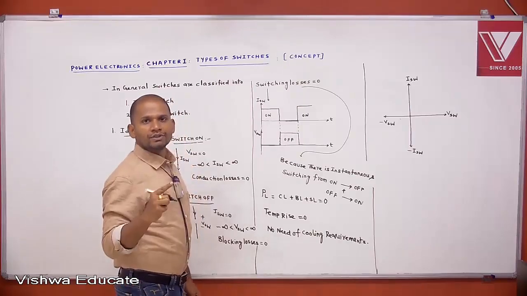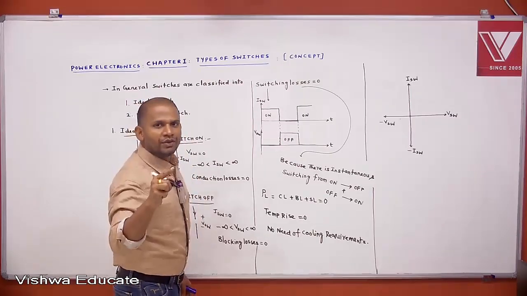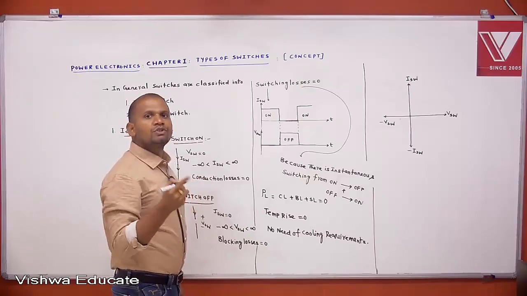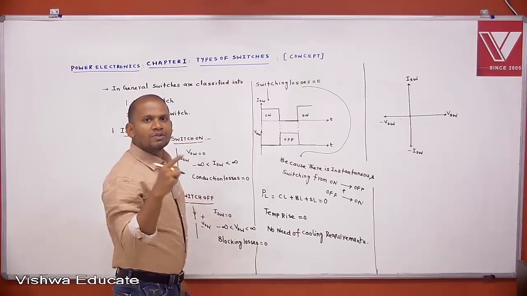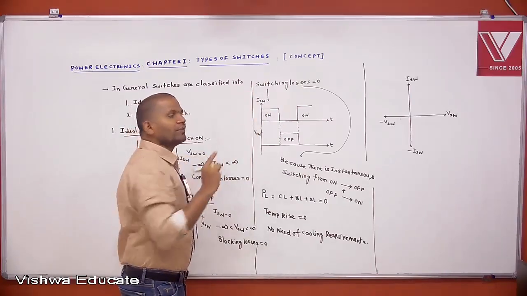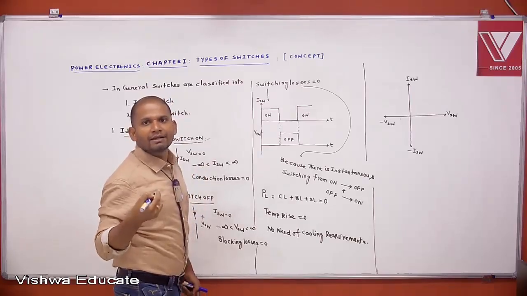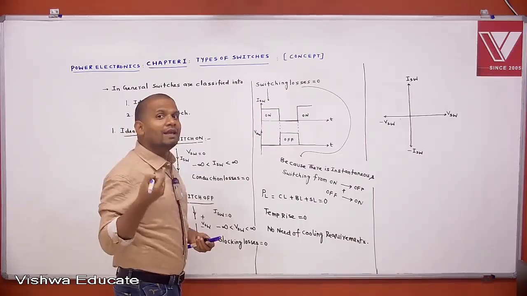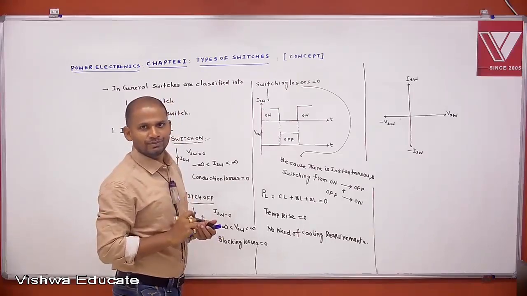Switch on condition, what are the observations? Represent those observations. Switch off condition, what are the observations? Represent those observations. Then you can get the ideal characteristics of any switch.